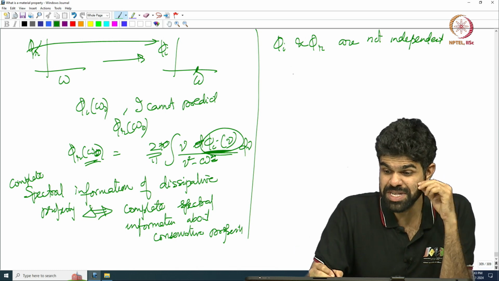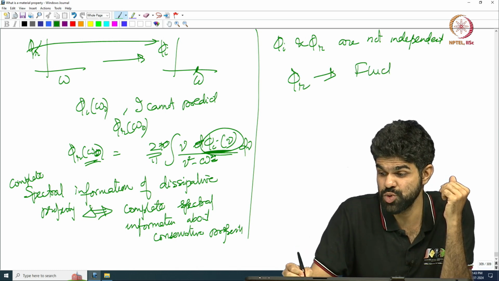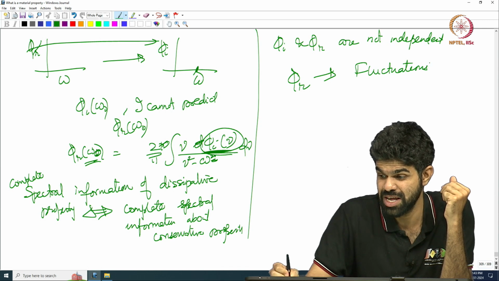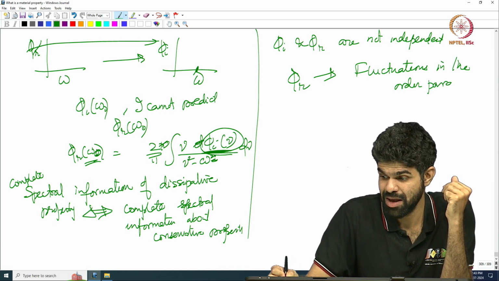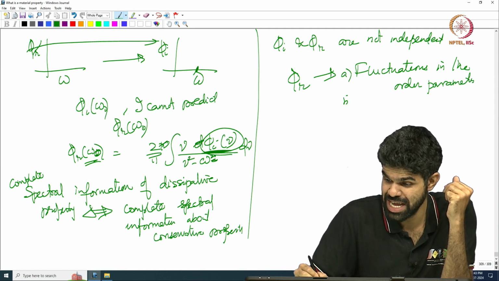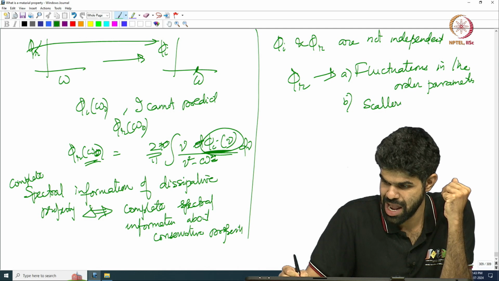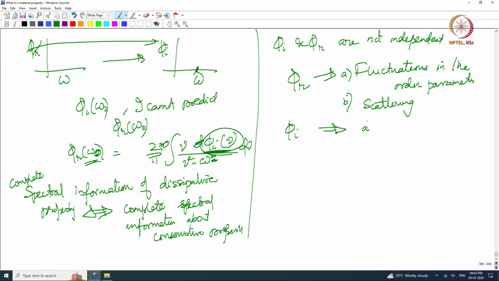Or in other words, phi r statistically comes from some sort of fluctuations in the order parameter. If I am talking about light, this is nothing but the scattering, and phi I is nothing but the dissipation in the order parameter, dissipation in energy.